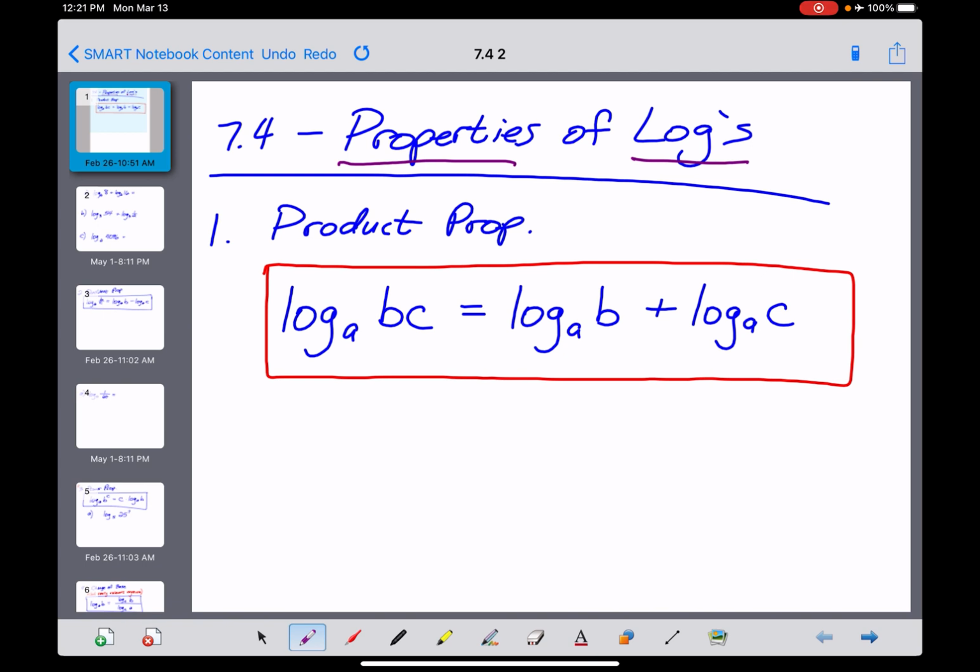So the first property we're going to talk about, there are four of them we're going to do today, is called the product property for logarithms. And that one's written in the box right here. I probably should have put parentheses right here.